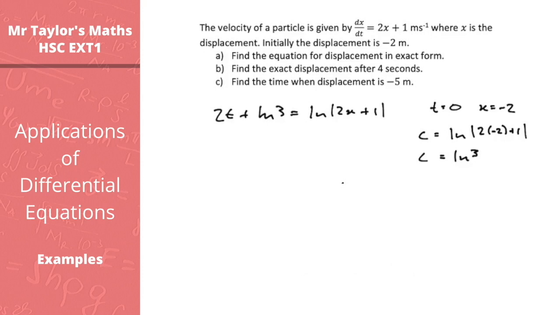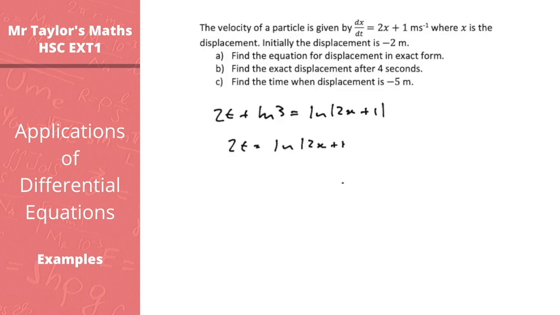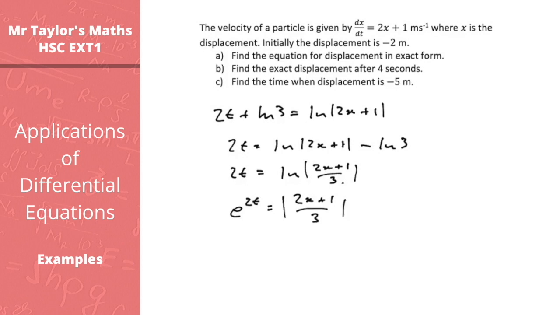So I could say 2t is ln absolute value of 2x plus 1 minus ln 3. So ln of 2x plus 1 over 3, just using my log laws. 3 is just a constant, so we're okay there. Now I can take the exponential of both sides. So e to the 2t is the absolute value of 2x plus 1 over 3.